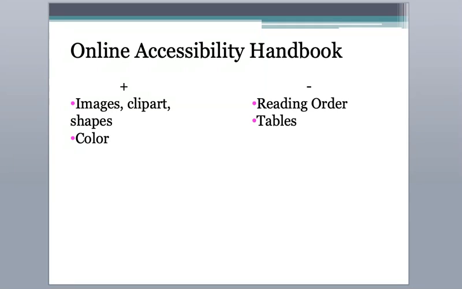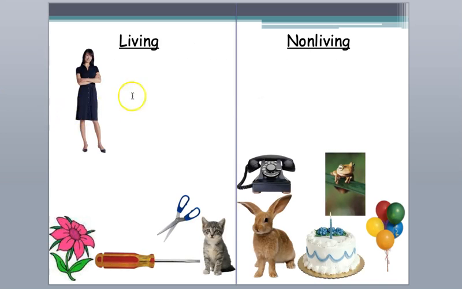And then as far as the handbook, the PowerPoint does provide some images, clip art, shapes, and it has a nice contrast of colors. The negatives would be, I'm not sure how it would be with the reading order. So if there were an assistive technology trying to read this, I think it would be challenging.